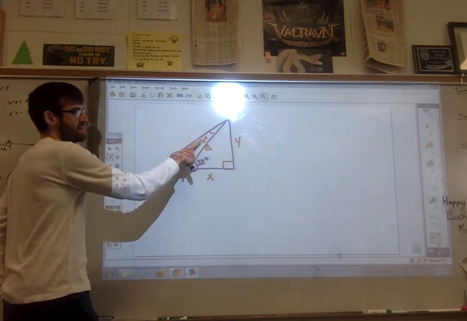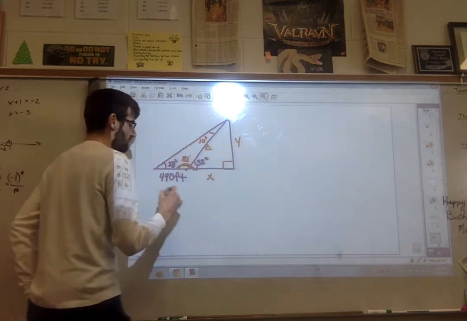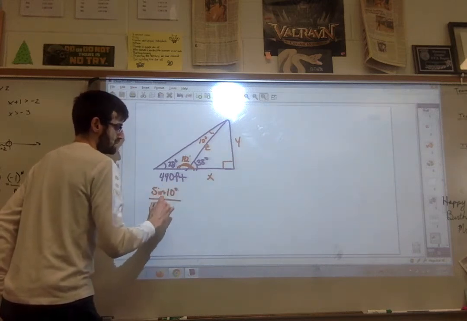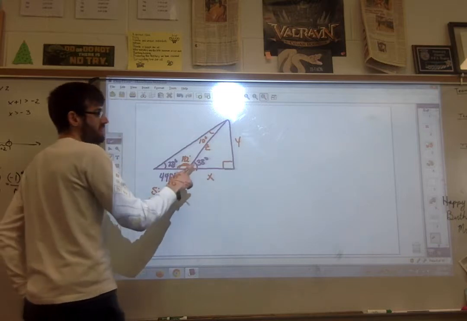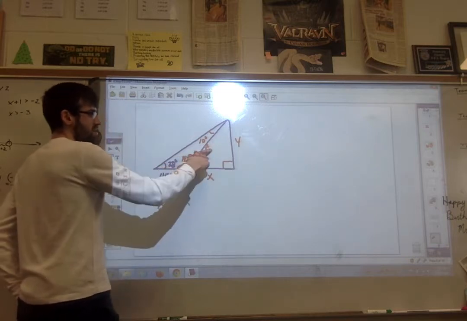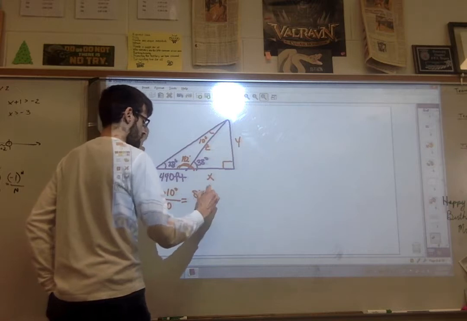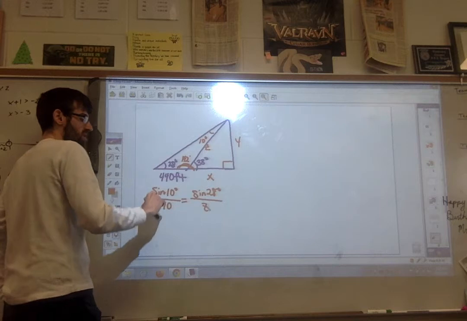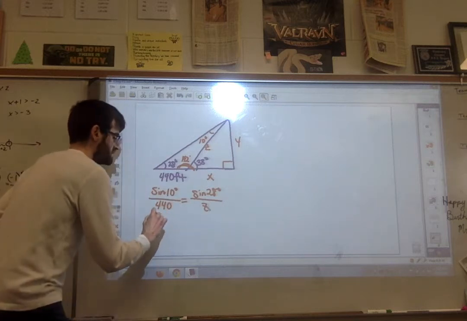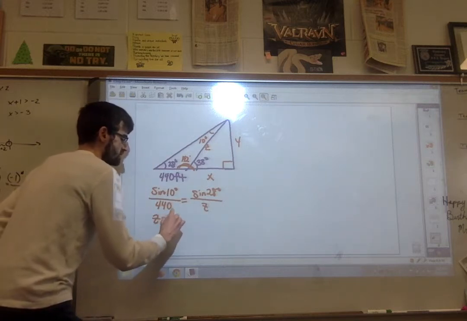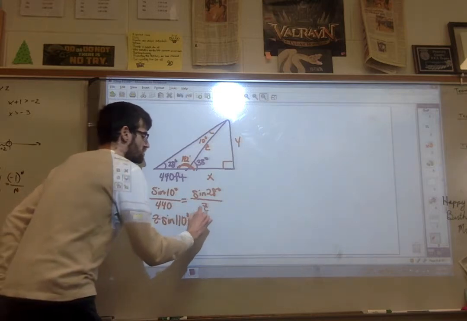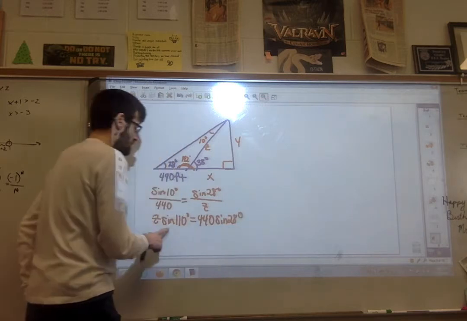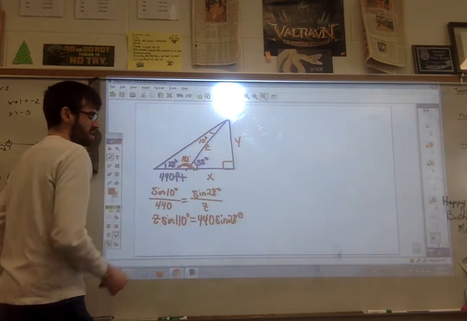I'm going to say the sine of 10 degrees over 440 equals the sine of 28 over z. I'm going to cross multiply. I have z sine of 10 equals 440 sine of 28. Then I'm going to solve for z by dividing by the sine of 10.